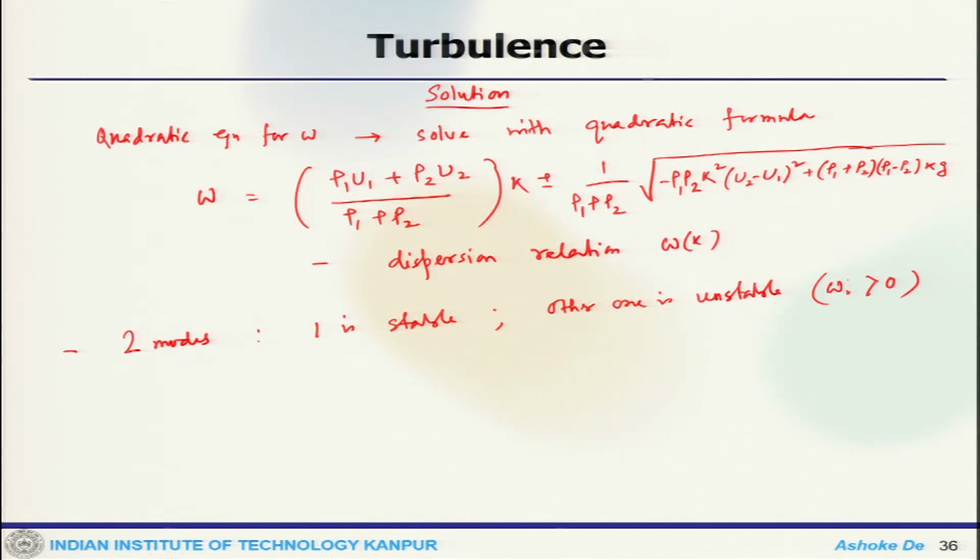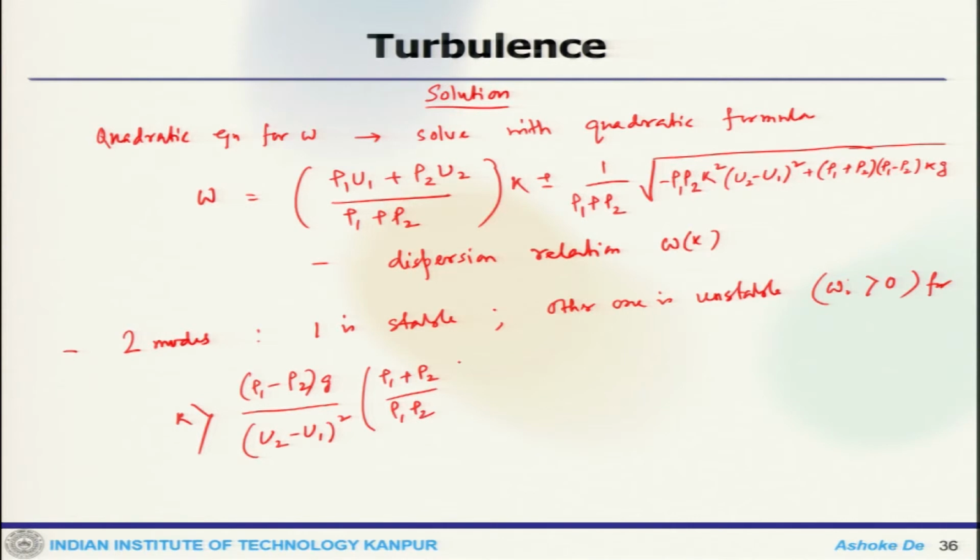Now, for the unstable case, k would be (rho 1 minus rho 2) g over (u2 minus u1) squared, times (rho 1 plus rho 2) divided by rho 1 rho 2.